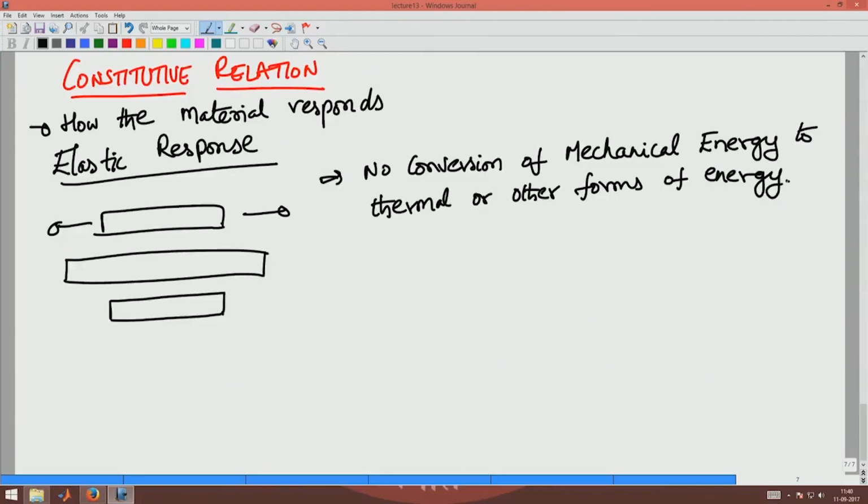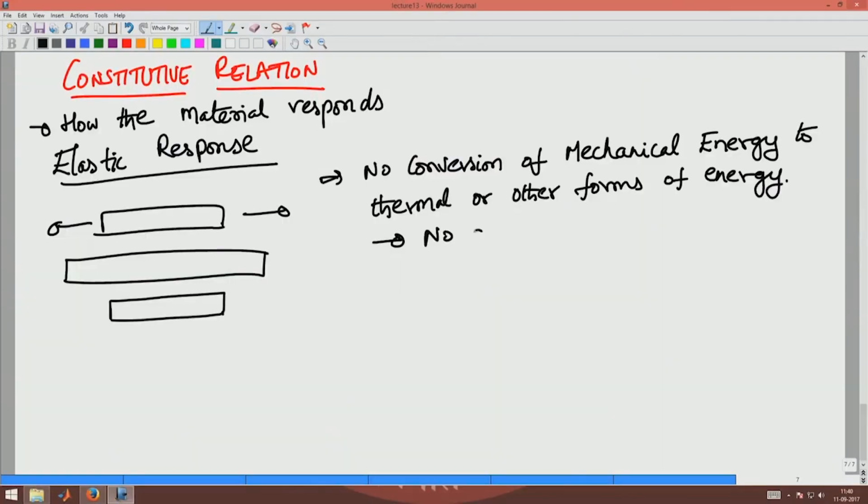So, essentially what we are saying is the mechanical energy will be stored in the body as mechanical energy and will be released from the body as mechanical energy when you remove the load. This is called the no dissipation condition.